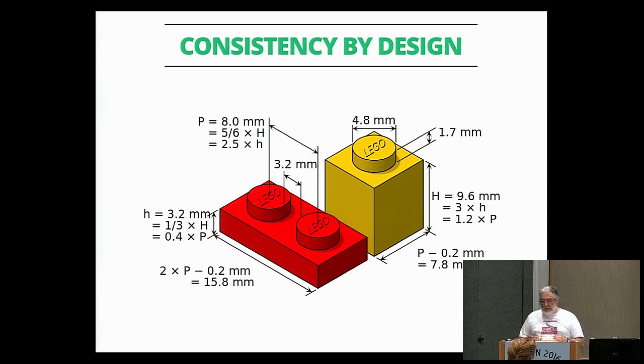One thing that really amazed me when I discovered it was, you know those Duplo blocks for little kids that are twice as big? The standard block can actually be attached to a Duplo block on top and on the bottom, which is really surprising, but it's just an example of how well designed those parts are to work together.